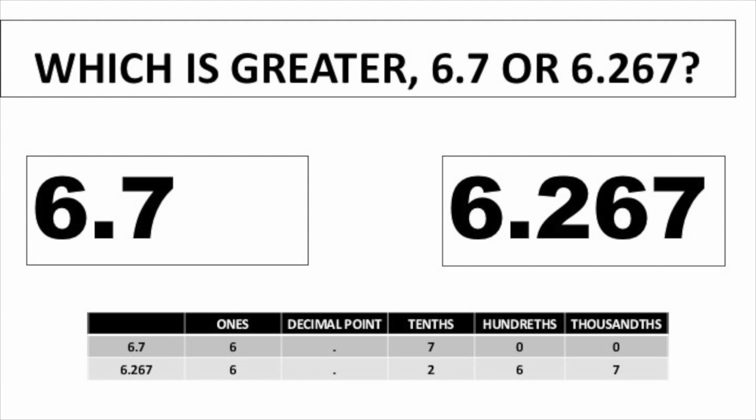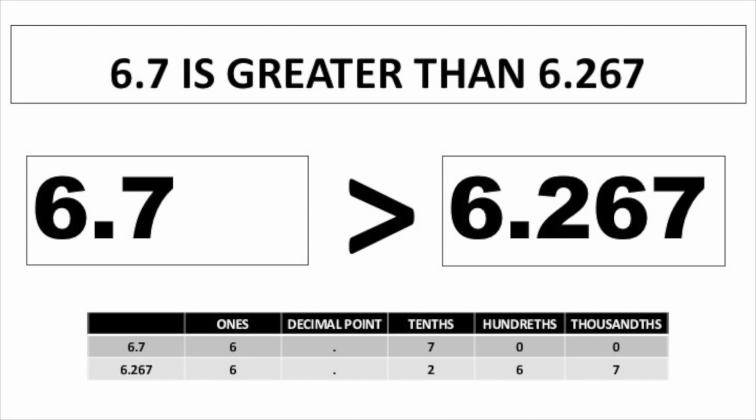Now here we have 7 and here we have 2. So which number is bigger? 7 or 2? 7. So we say 6.7 is greater than 6.2. Because you see, by looking at the place values and the digit value, 7 is greater than 2.